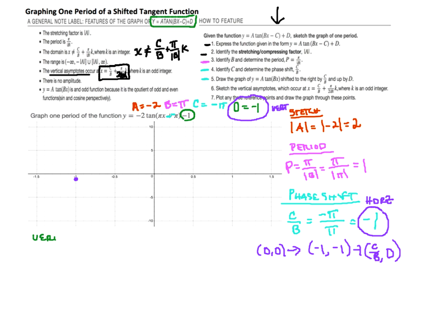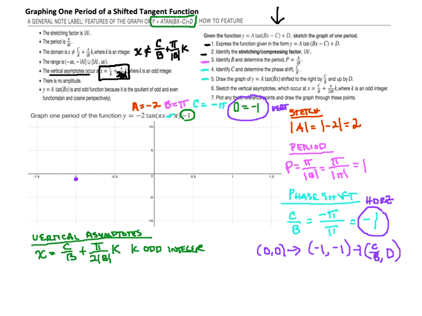We have vertical asymptotes located at x equals c over b, so there's my horizontal shift, plus pi over 2 times the absolute value of b times k, and k is some odd integer.